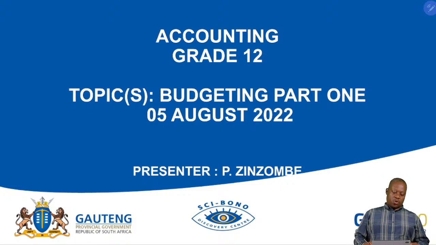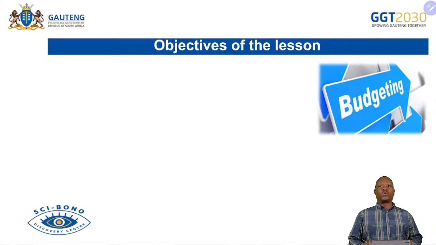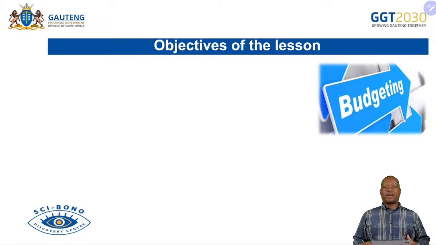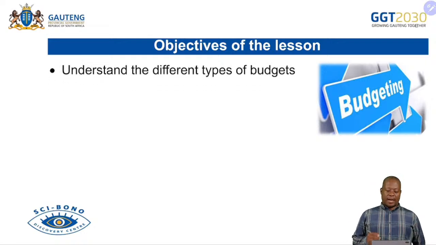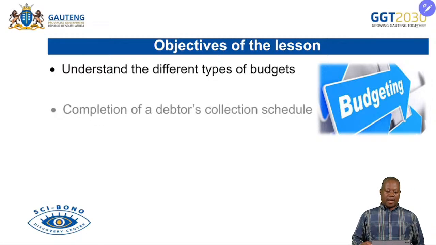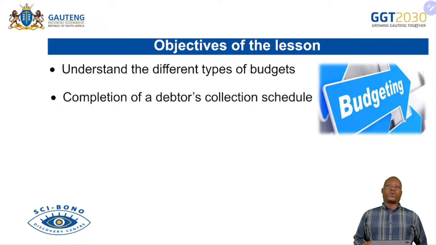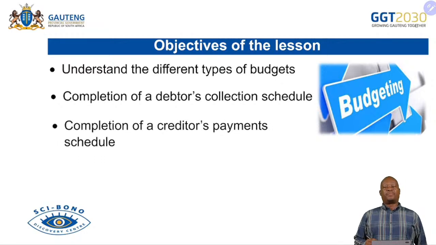Let's get down to it. Today we are going to look into budgeting, and we are going to try and break this down into two parts, so next week it will be part 2. The objectives of today's lesson are to understand the different types of budgets, and then we are also going to look into the completion of the debtors collection schedule, followed by the completion of the creditors payment schedule.